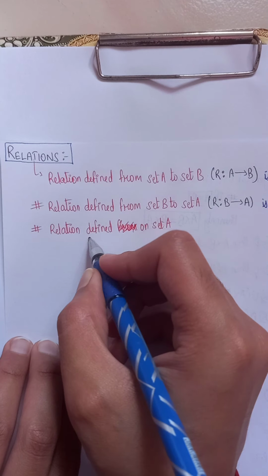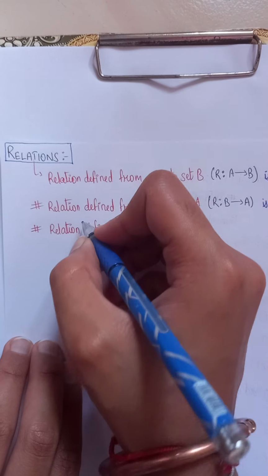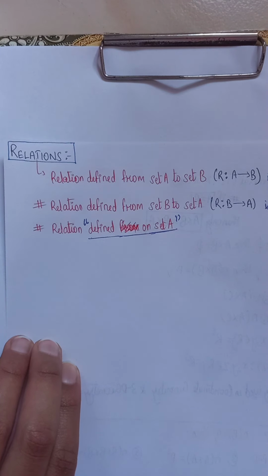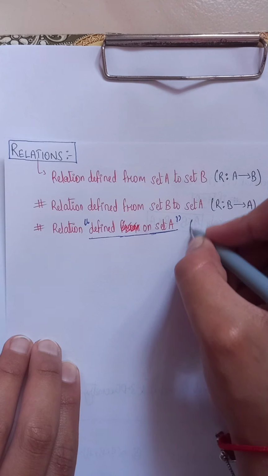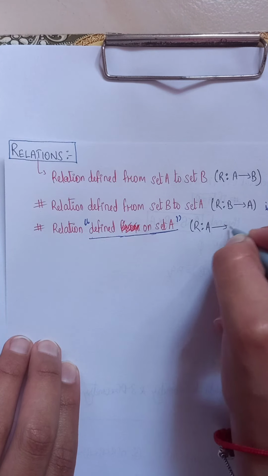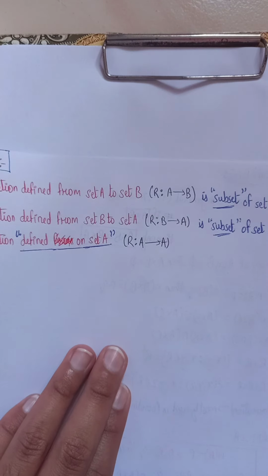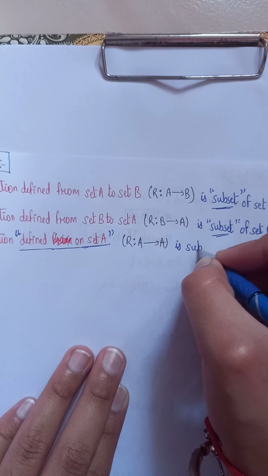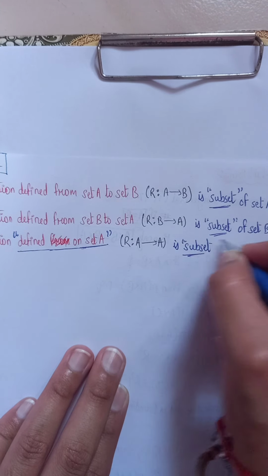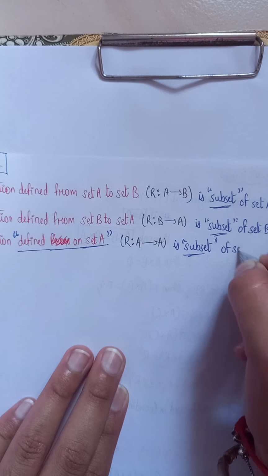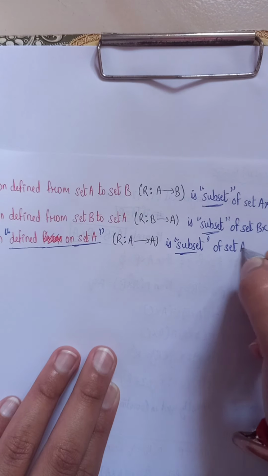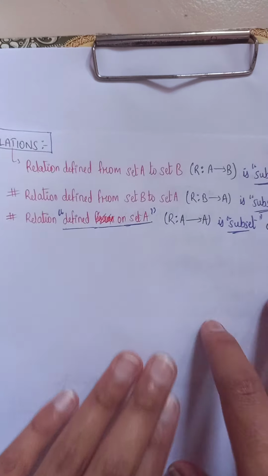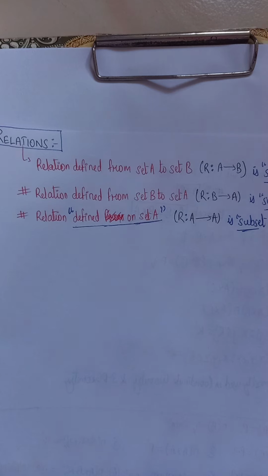This is not defined from, this is defined on set A. So defined on set A means R such that A to A. It means that this one is a subset of set A cross A. Okay, I guess that's it.